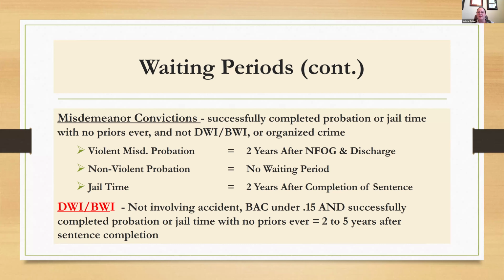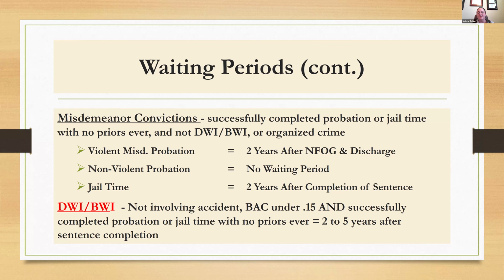Non-violent probation, like I said, burglary of motor vehicle, you're looking at no waiting period. And if you plead to jail time on a misdemeanor conviction, let's say you plead to 2 days time served on a misdemeanor conviction, it's 2 years after the completion of the sentence that you can get a non-disclosure offered.